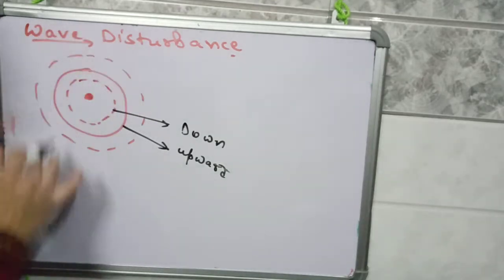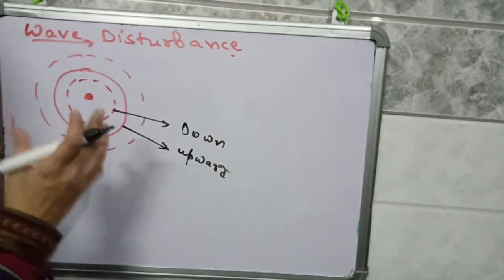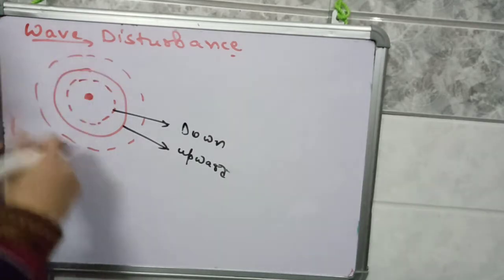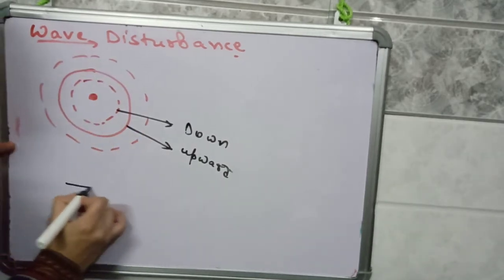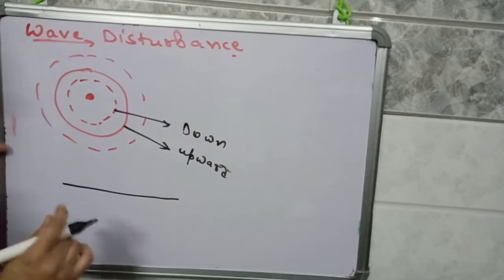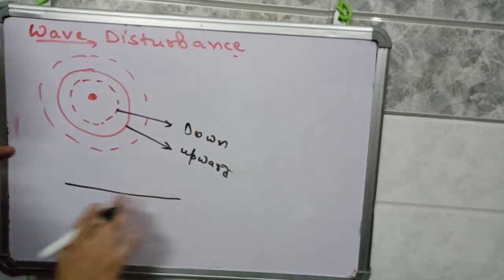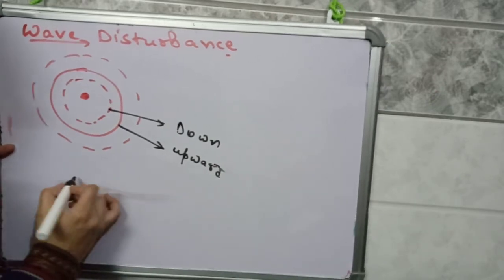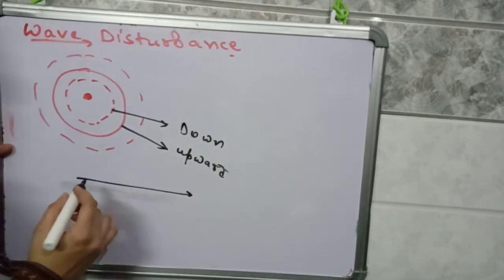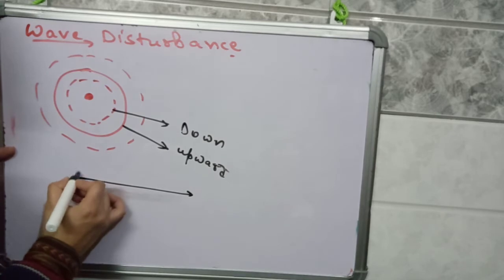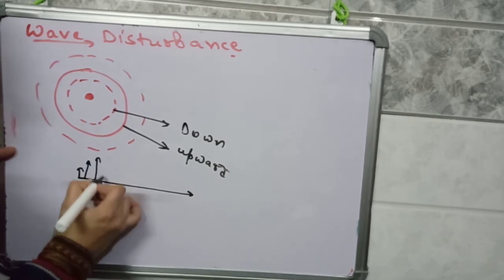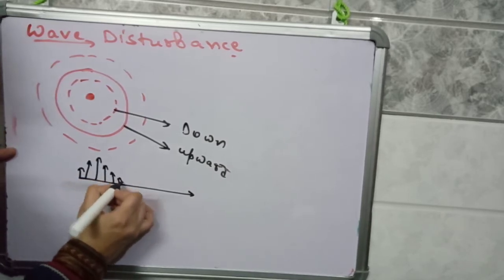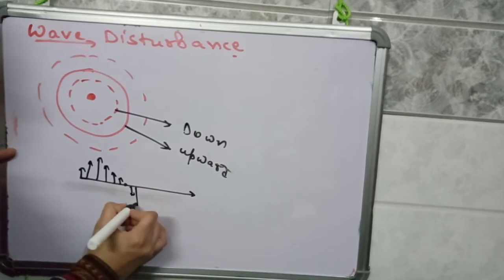If we see the arrangement from the side, suppose this solid line represents the water particle at the surface.